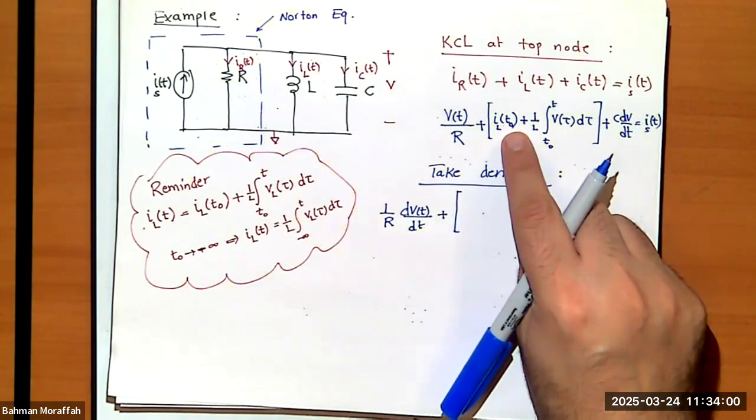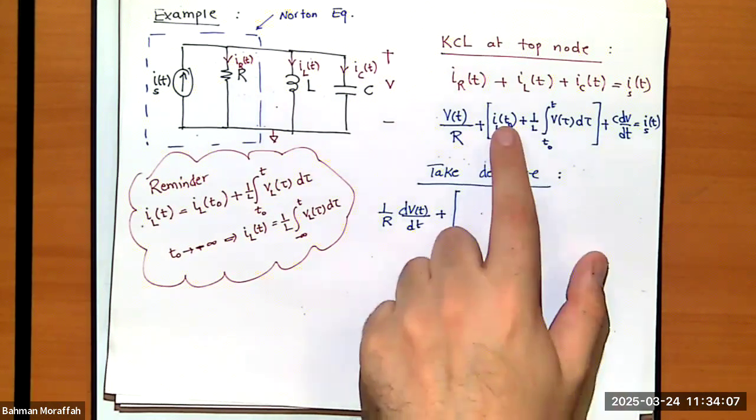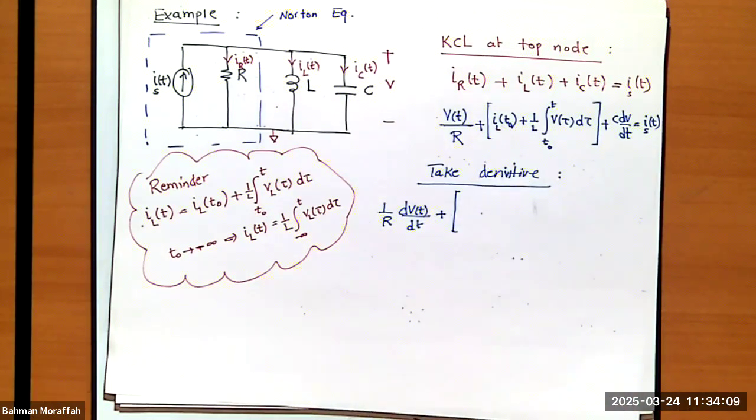That's a constant value. The derivative is 0. So it did not really matter where it started. It did not matter if this t naught was negative infinity or some t naught that's given to you. Since that value is constant, when I'm writing the differential equation, I end up ignoring that.